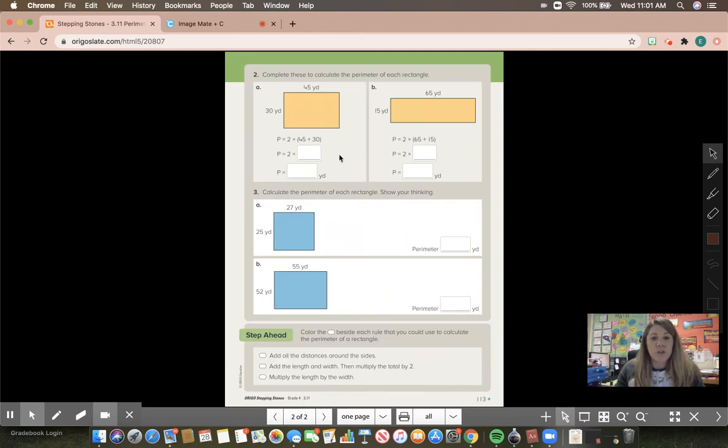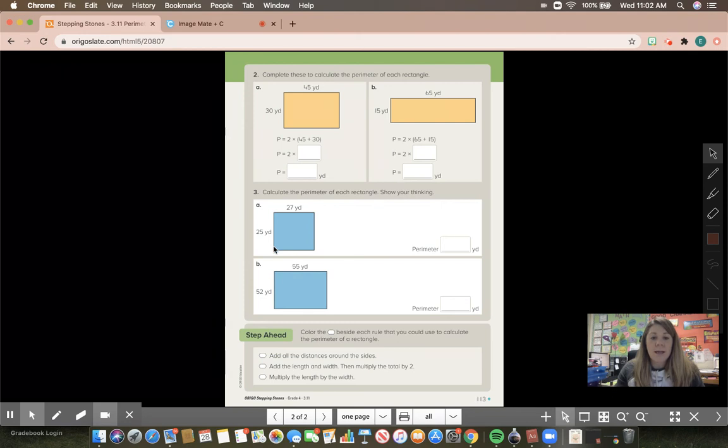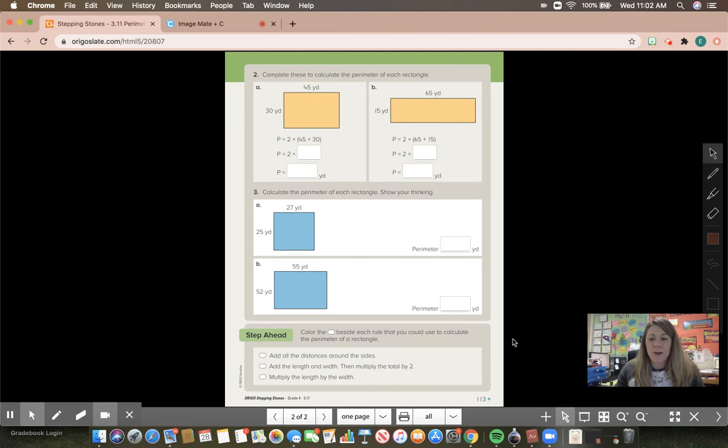On page 113, they want you to add the length and the width, and then multiply that by 2. So you're practicing both of those strategies. When it comes to number 3 on page 113, you can choose which strategy you would like to do. Either twice the length and twice the width, or add the width and the length together first and then multiply that by 2.